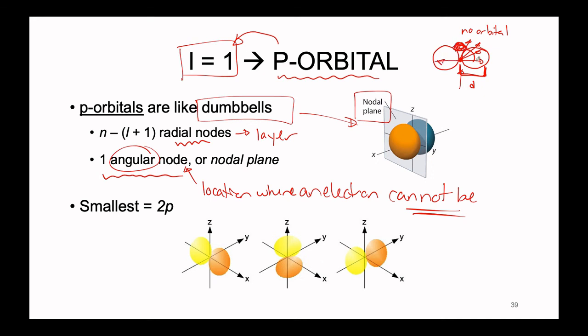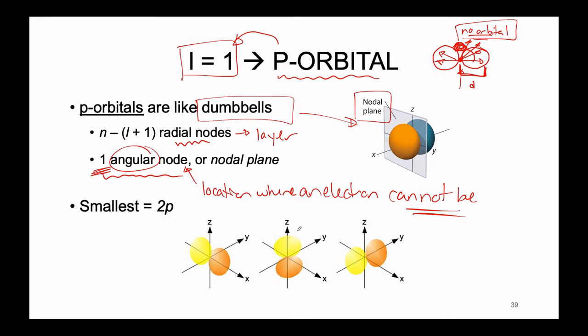Anytime your arrow enters null space where there is no orbital, this means that you have an angular node, and the test moves in 180 degrees. So from here, we are in an orbital, we enter one space where there is no orbital, and then we go back into space where there is orbital again. One location as a function of angle where there is no orbital means that you have one angular node. Now again, the paper trick is going to be the easiest way that we can use to illustrate whether or not your orbital has an angular node.